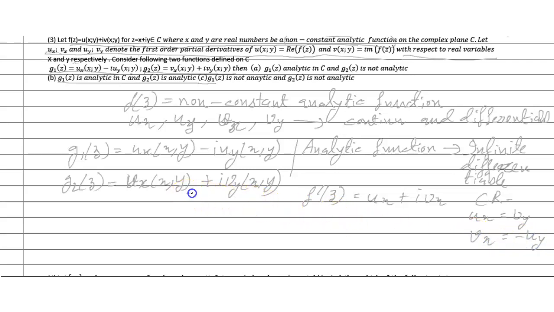So f dash z can be written this way, that u_x minus i u_y. So this is the first option. This value is g1(z). So it is analytic.